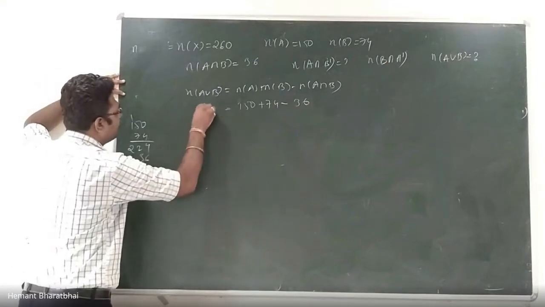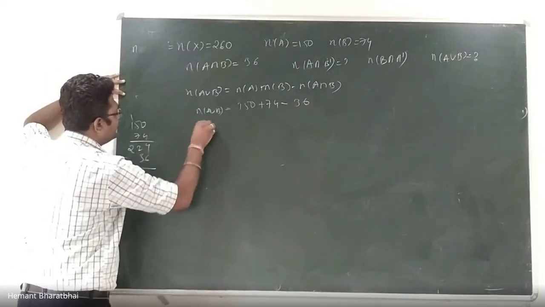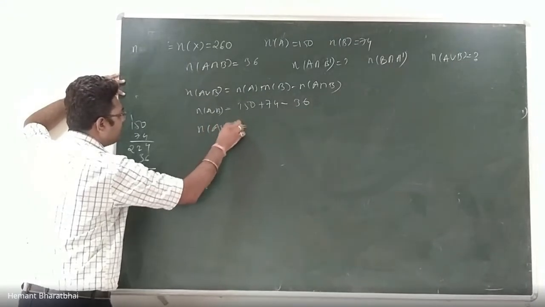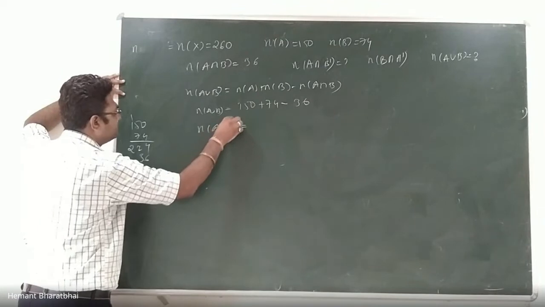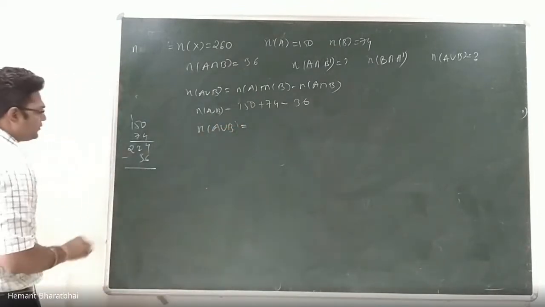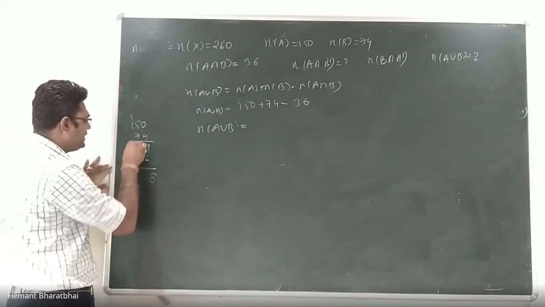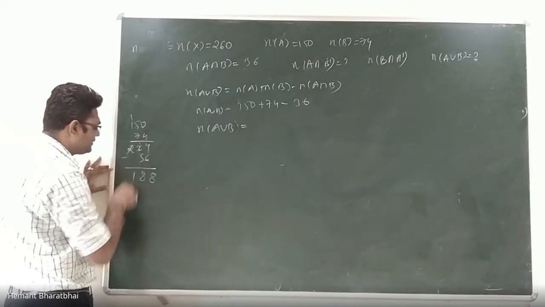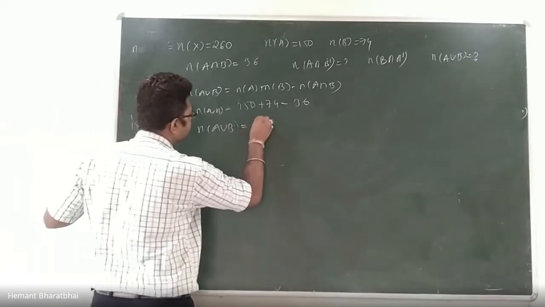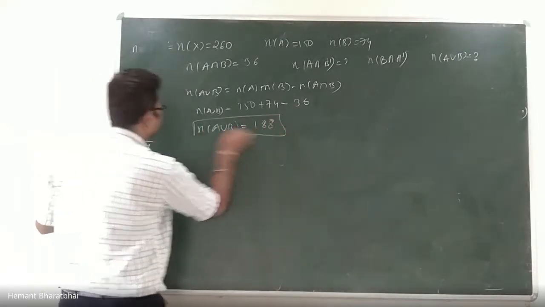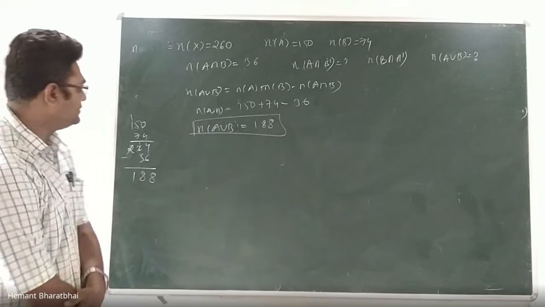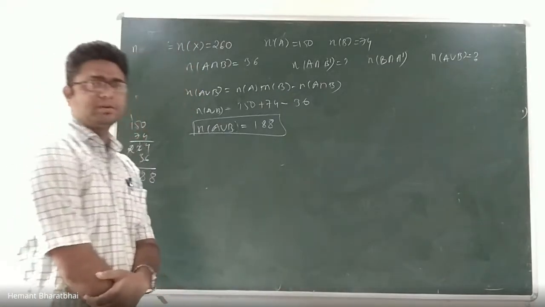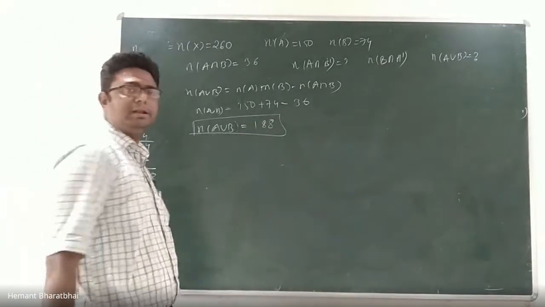So the number of elements in A union B, exposed to chemical A or B, is 188. The total number of persons exposed to chemical A or chemical B is 188.